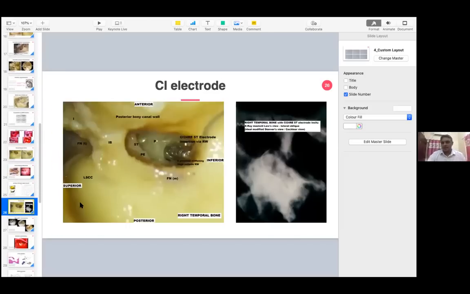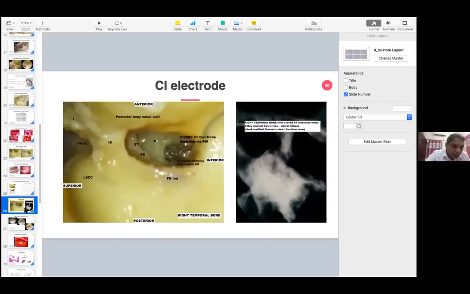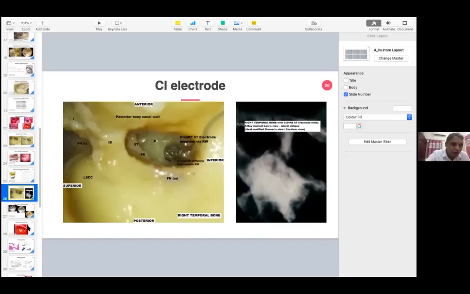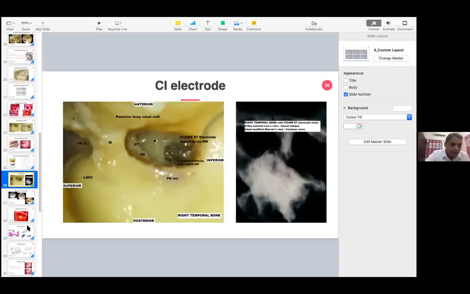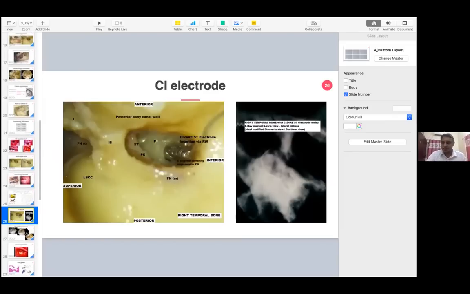See, once you imagine the cross section of the cochlea, we have three things: scala tympani, which is inferior, scala vestibuli, which is superior, and scala media, which is the medial portion. The auditory nerve fibers are very close in the osseous spiral lamina, which is nearer to the scala tympani.